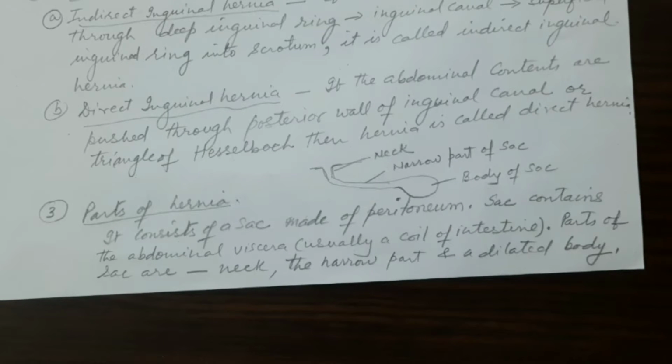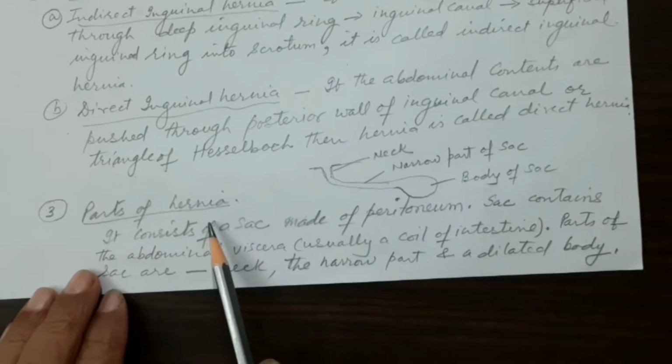This parietal peritoneum is pushed, so the sac is formed by the parietal peritoneum. It is pushed through the deep inguinal ring in case of indirect.